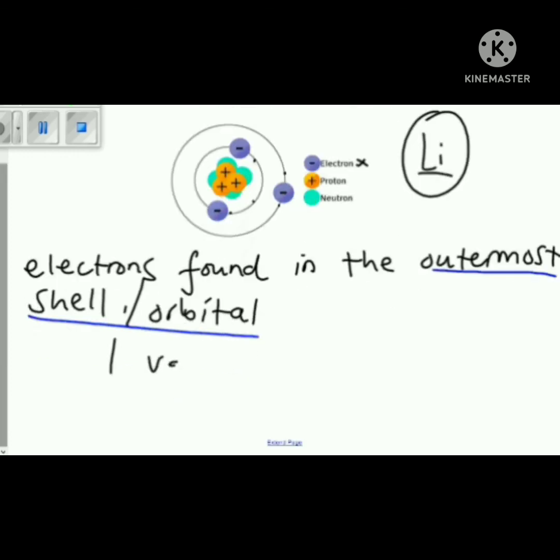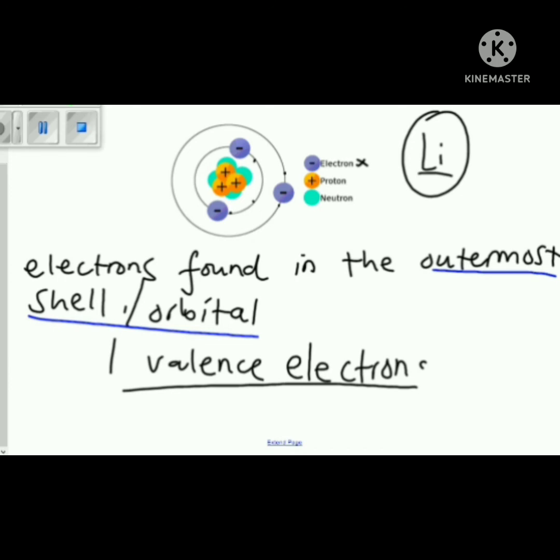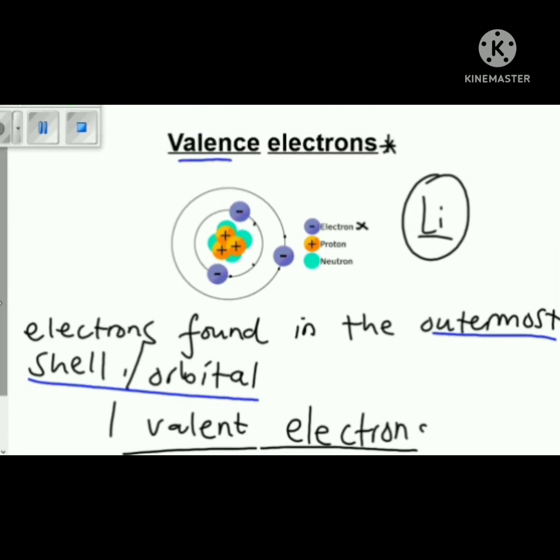This is 1 valence electron. Why do we say that this electron is valent? It is because it is found in the outermost shell. By outermost shell, we mean the shell that is the furthest from the nucleus, far apart compared to all other orbitals.